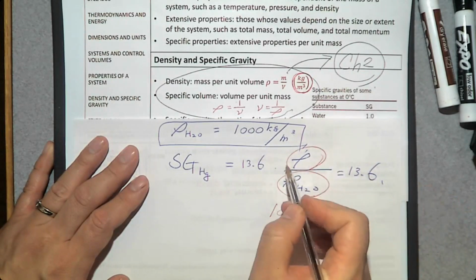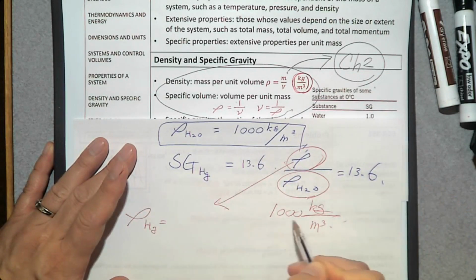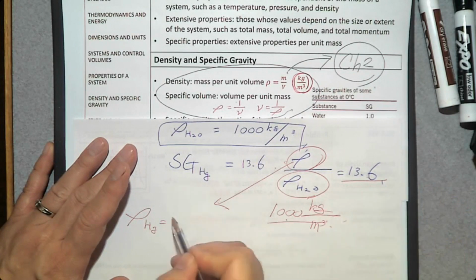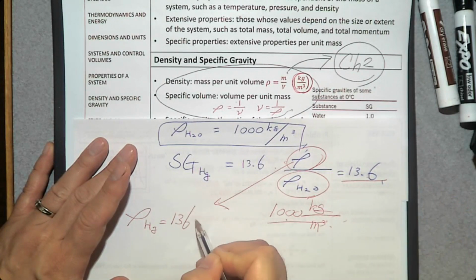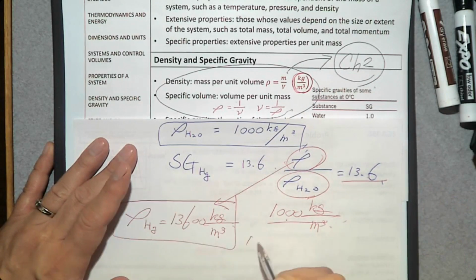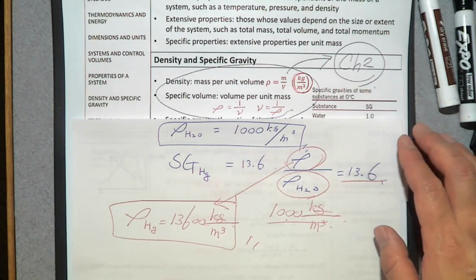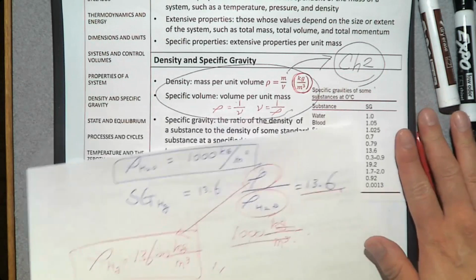What is the density of mercury? 13.6 times 1,000, 13,600 kilograms per cubic meter. Because of this high density, we use mercury often when we measure atmospheric pressure. We are going to talk about that later when we discuss pressure, okay?